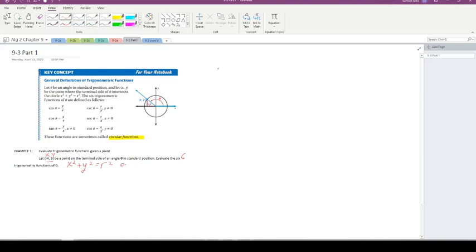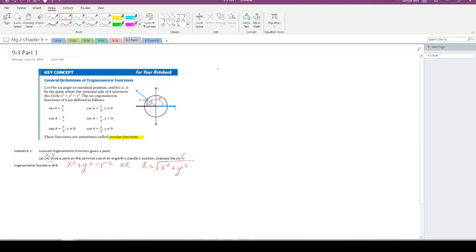Or we can write it as r is equal to the square root of x squared plus y squared.